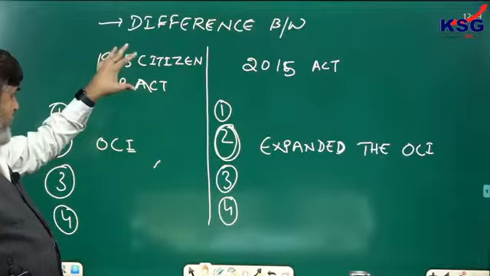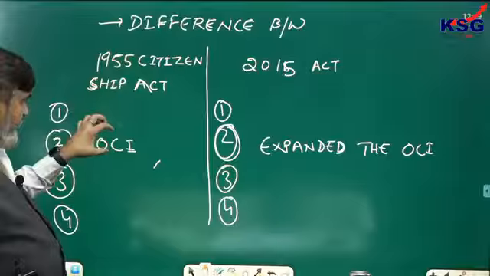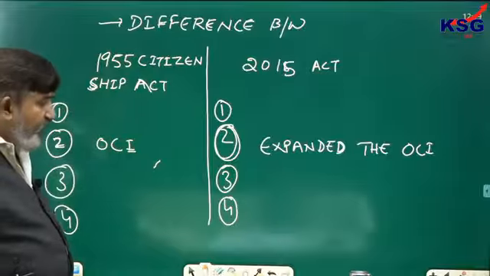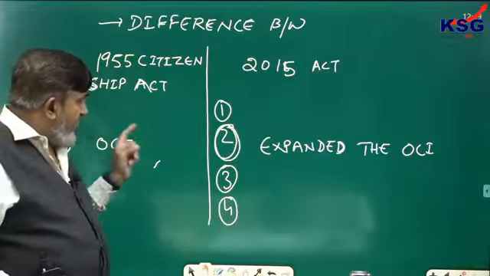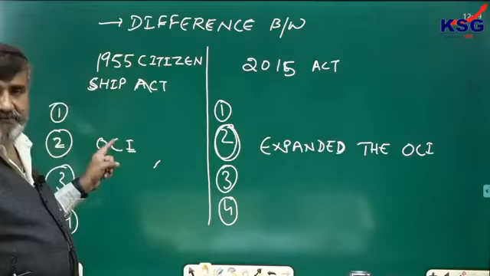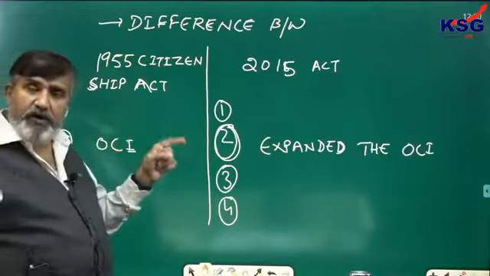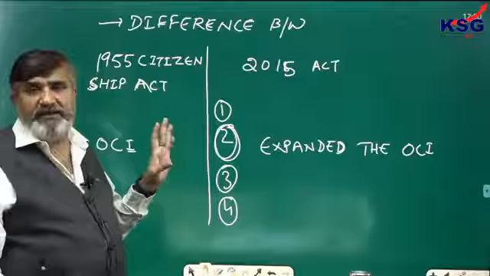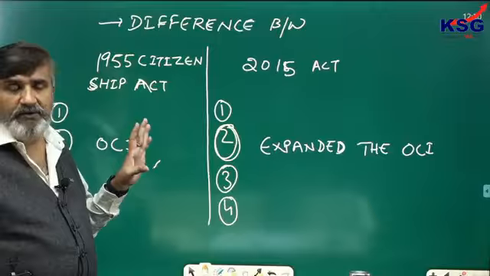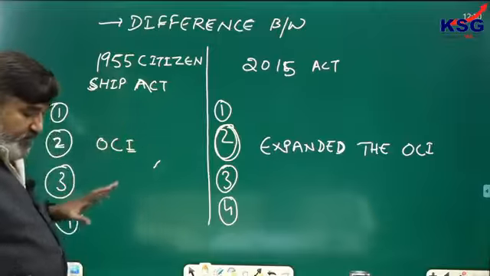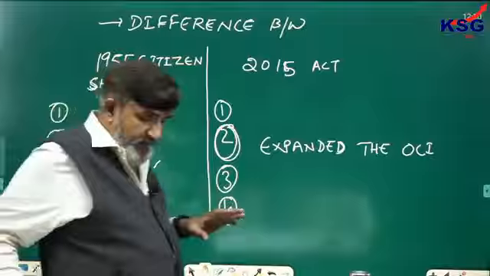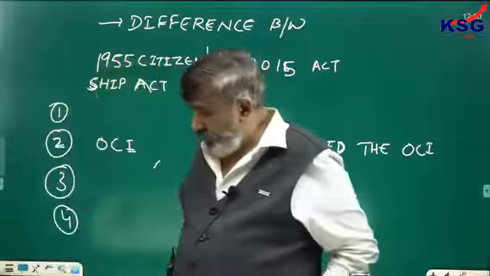So the 1955 Citizenship Act defined OCI, and under this definition, he or she along with their minor children were only eligible for an OCI card. Not any other ones were eligible.